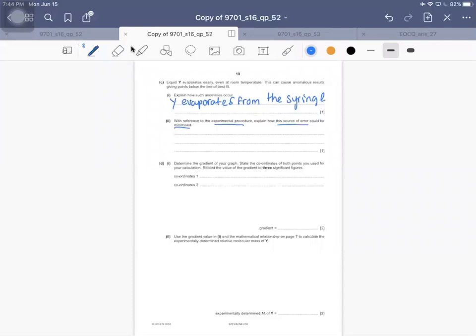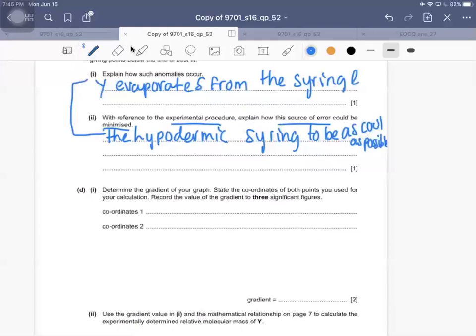So the solution: if Y evaporates from the syringe even before injection, naturally because it is a volatile liquid, what can you do to solve this? One solution is to make sure that the hypodermic syringe is as cool as possible. Why?